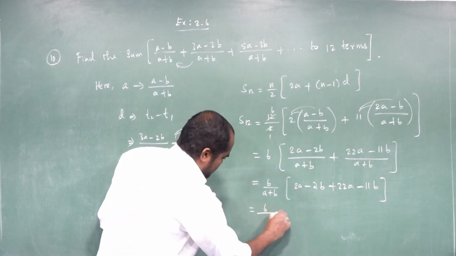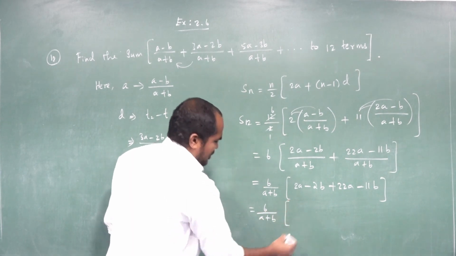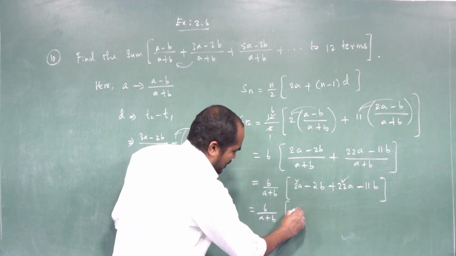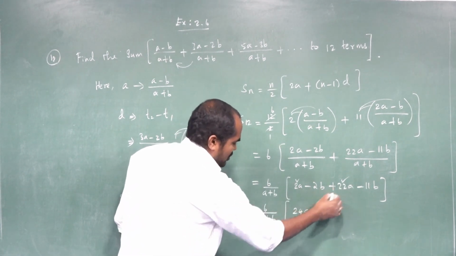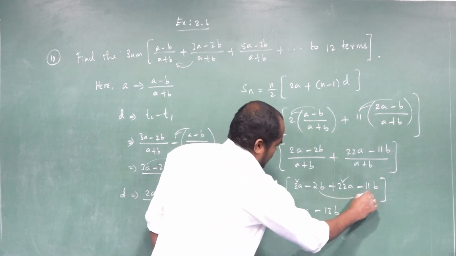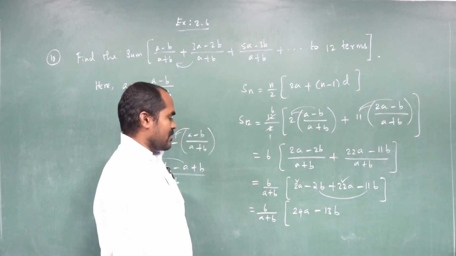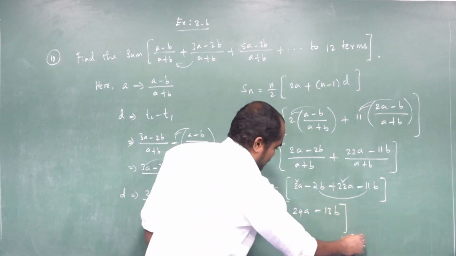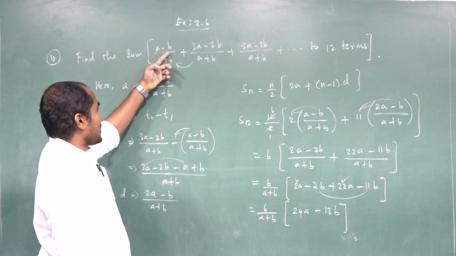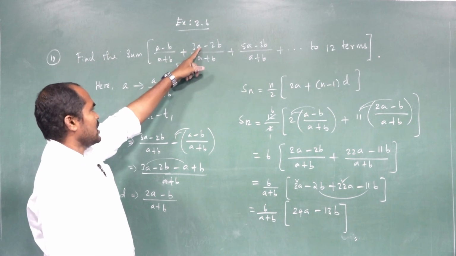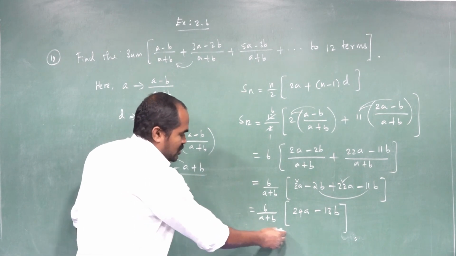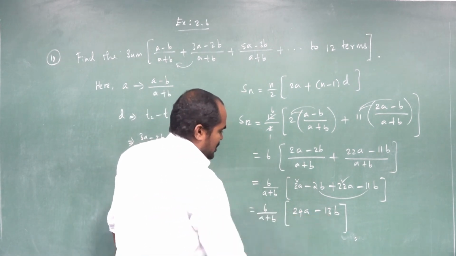So this is equal to 6 by a plus b of, here 2a and 22a are like terms, so we get 24a minus 13b, because minus 2 minus 11 gives minus 13b. So the sum of the series up to 12 terms is 6 by a plus b of 24a minus 13b.